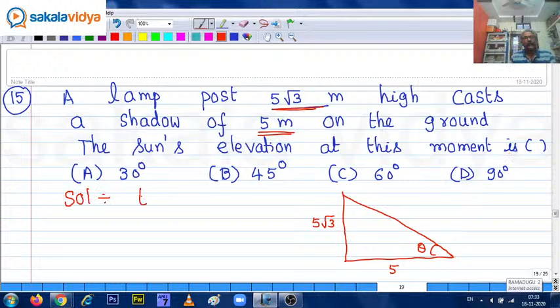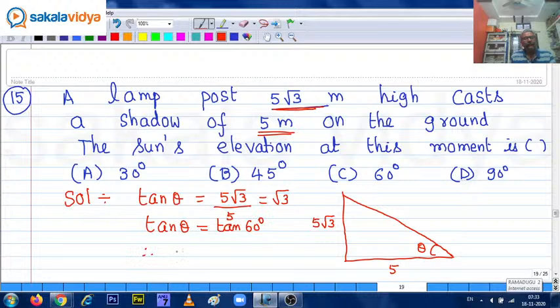Solution, tan theta equals opposite 5 root 3 upon 5. So root 3. So we can write tan theta is equal to tan 60 degrees. So what is the value of theta? Yes, you are correct. Theta is equal to 60 degrees. Absolutely correct. C is the right option.